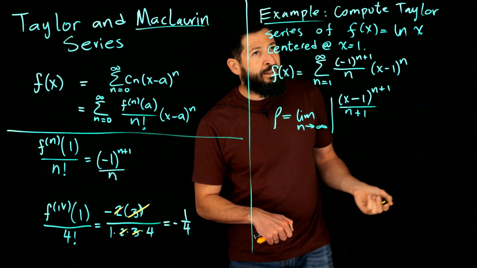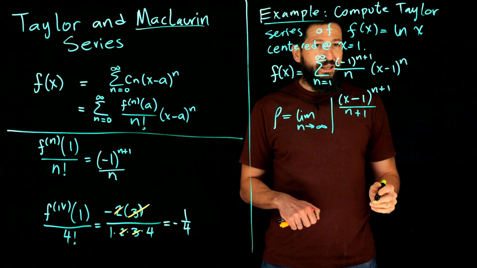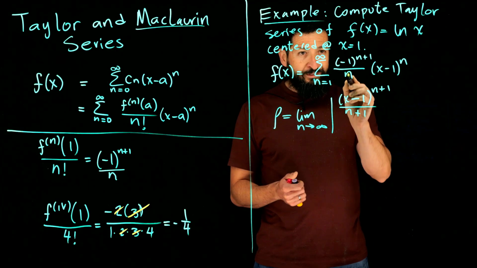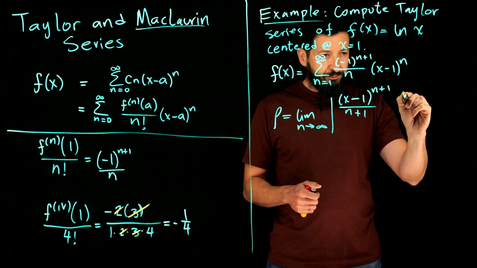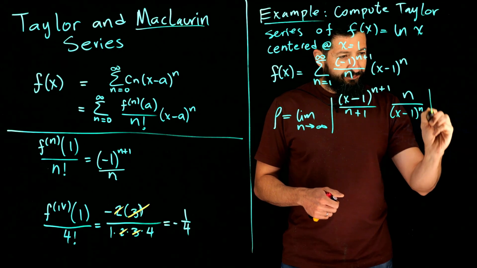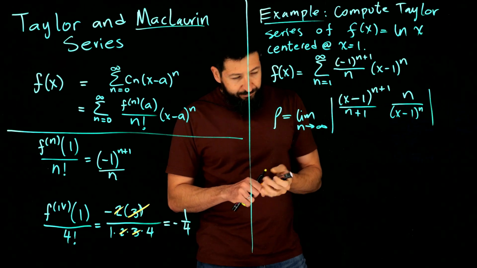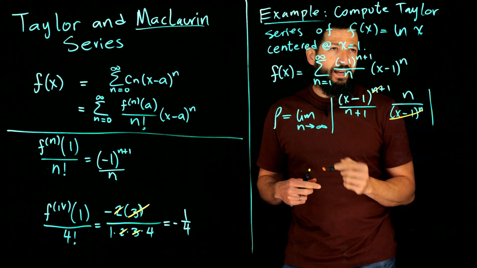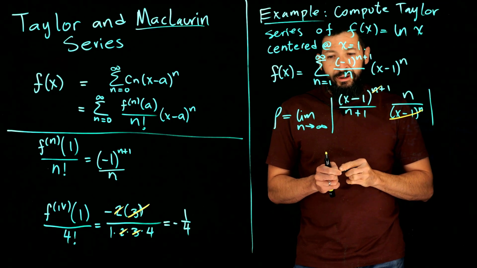And I'm going to multiply times the reciprocal. I could have divided by the nth term, but I'm going to multiply times its reciprocal. The reciprocal of this expression is going to be n over x minus 1 to the n. And as we said, we can cancel n of them and just be left with 1.